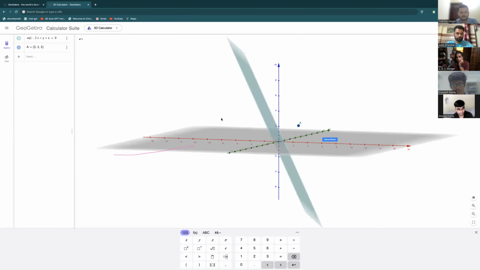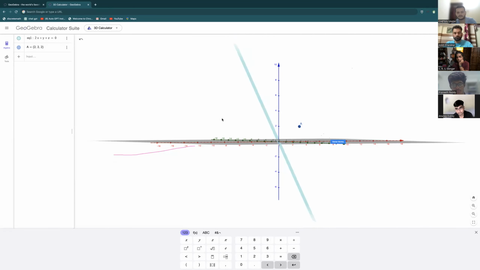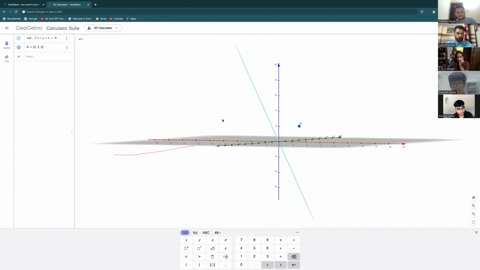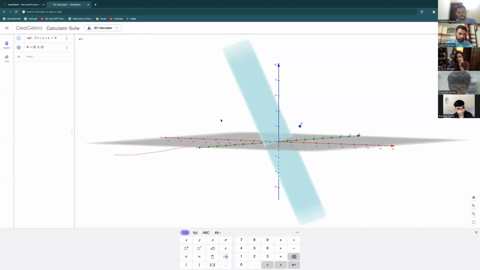Okay. What is the nearest point to A from this plane? If this plane is a city and A is your school, where will you buy a house?